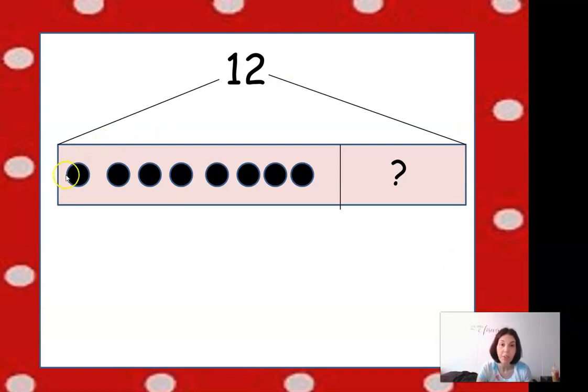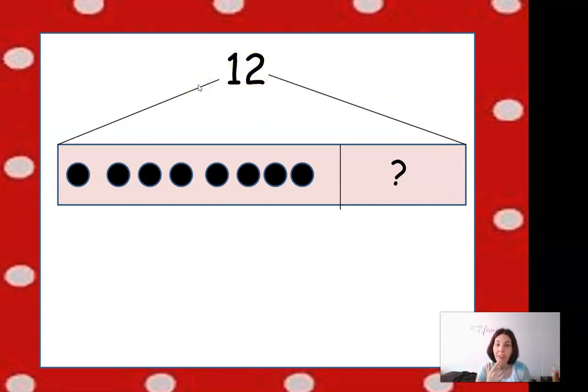So, right here we show 1, 2, 3, 4, 5, 6, 7, 8. We show 8 dots because that's how many letters Rose wrote. Now, 12 is our total. That's how many she wants to write for her goal. So we do this to show for this whole thing, we want it to be 12.